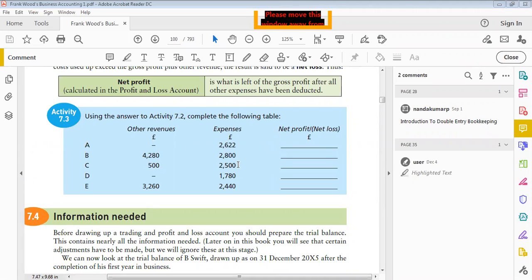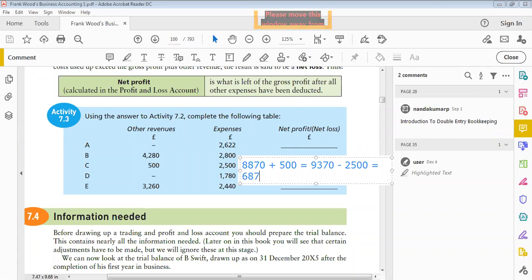So this is your gross profit of 8,870 plus 500, and that would equal 9,370. And minus 2,500 gives 6,870. So therefore, you have a net profit of 6,870.